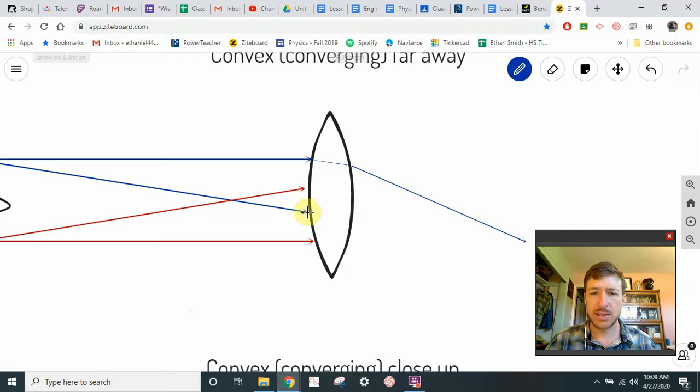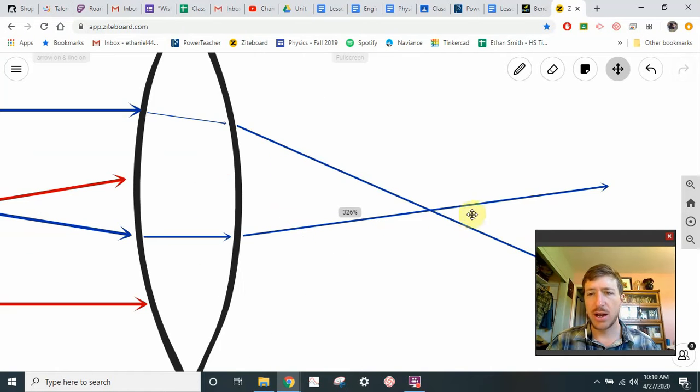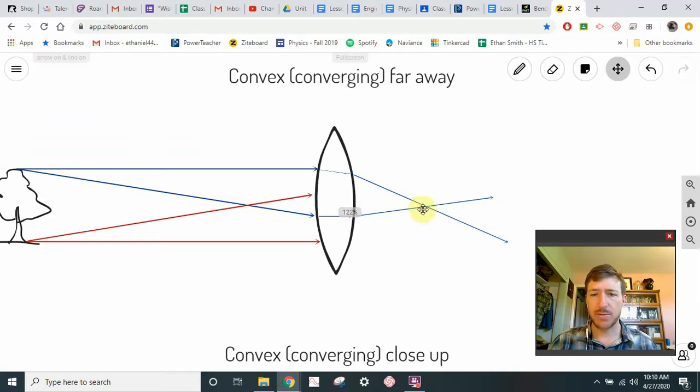In this case, the left side is going to hit first, so it slows down, and now the right side is going to hit air first, so it speeds up first, which causes it to bend in this direction. You'll notice on this side of the lens is where the light rays are actually converging. So that is where we would see the top of this tree.